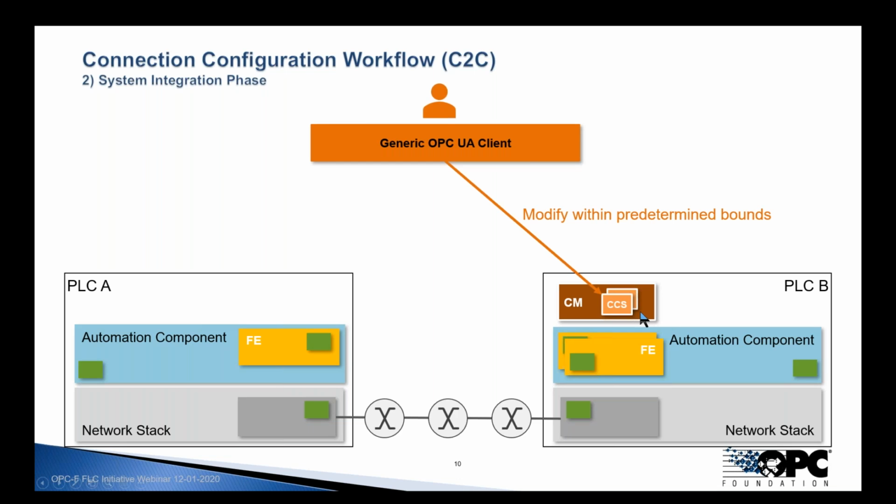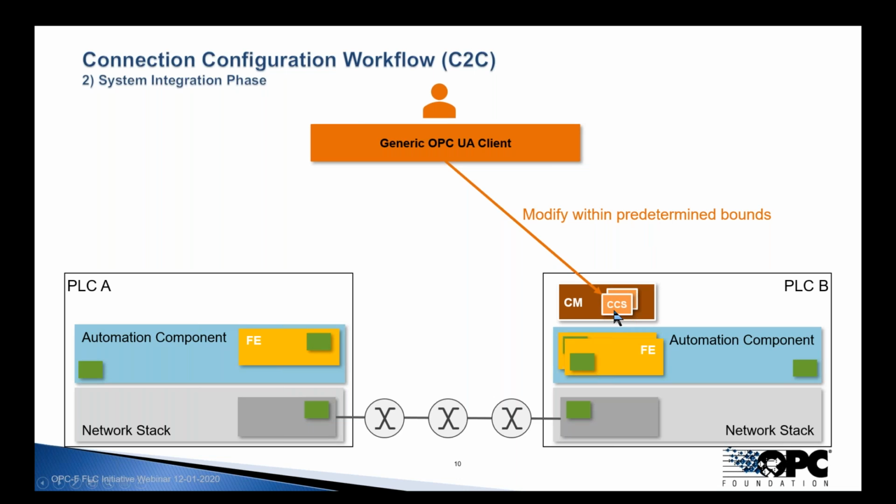For this, the connection manager exposes the connection configuration set in the information model, underneath the connection manager. And the system integrator, this orange guy here, is now able to modify parts of the connection configuration set within the predetermined bounds, which engineer B decided.